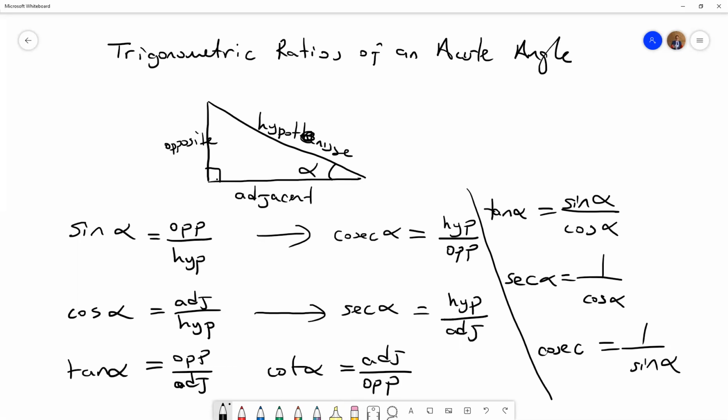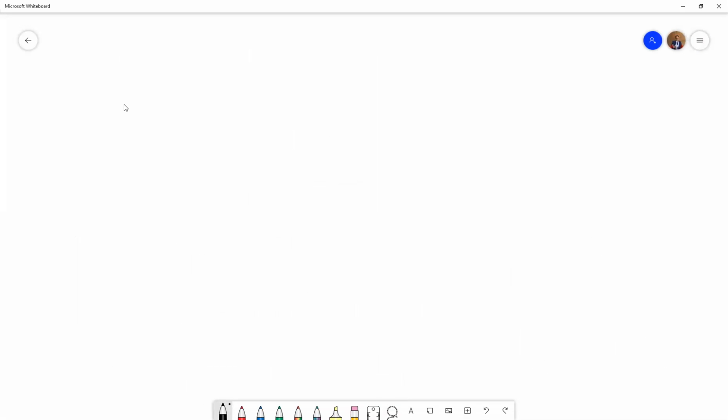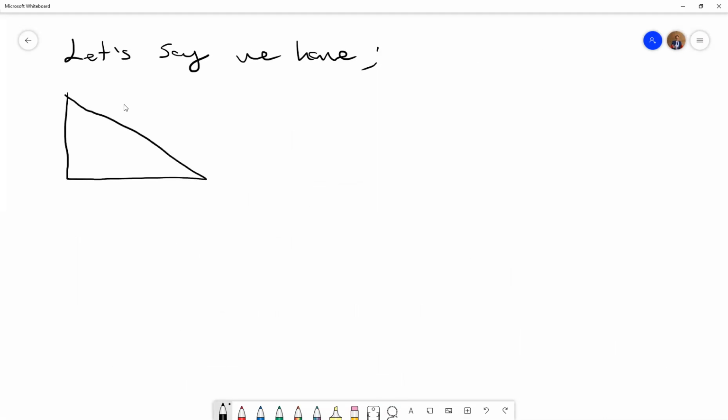And now let's say we have like that 30 degrees and 60 degrees here, and we have to know that 1 is here and square root 3 is here and 2 is here because 1 squared and square root 3 squared is equal to 2 squared here.